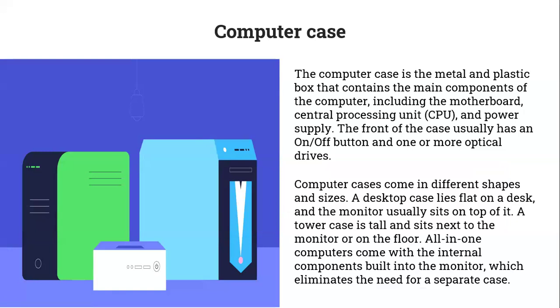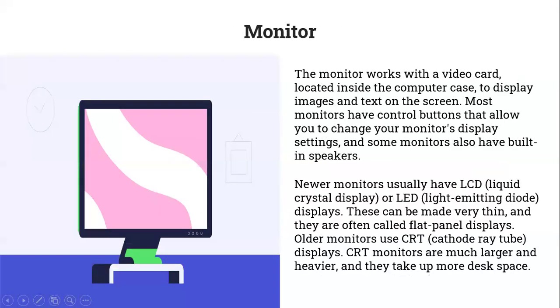All-in-one computers come with the internal components built into the monitor, which eliminates the need for a separate case. The next part that we'll be looking at is the monitor.